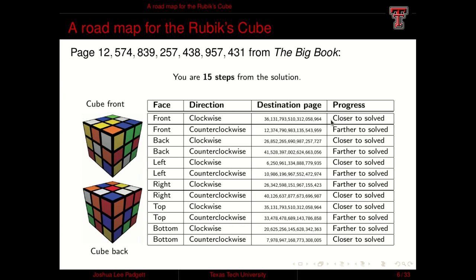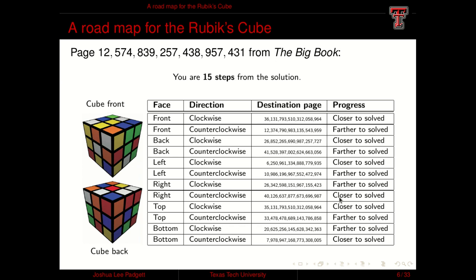And what we can see is, first of all, the book would tell me where the result is in the book, so I could find it very easily. And not only that, it would tell me whether or not I'm closer or further from the solution state. So not only do I know which ones are good, which would be the ones that are closer, but I can also very clearly see which moves are appropriate to perform in each of these cases.